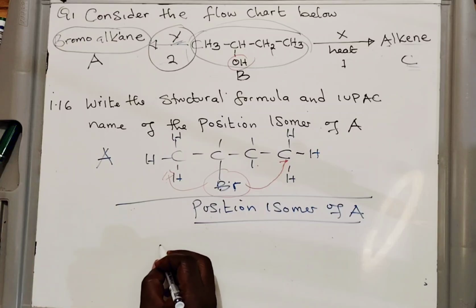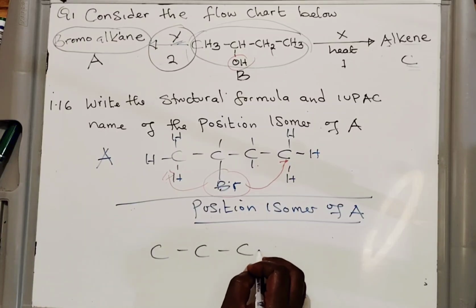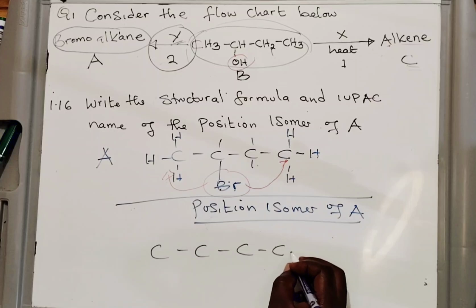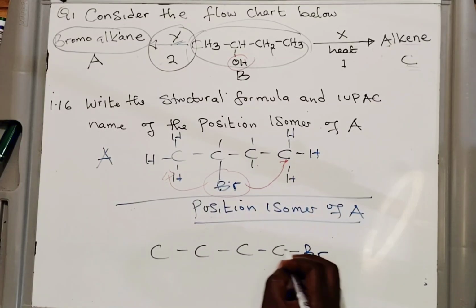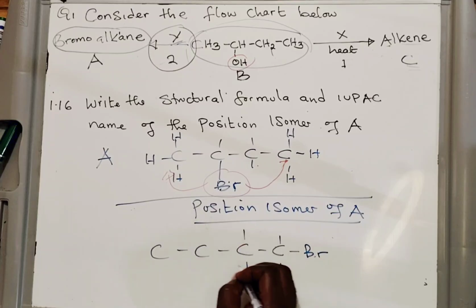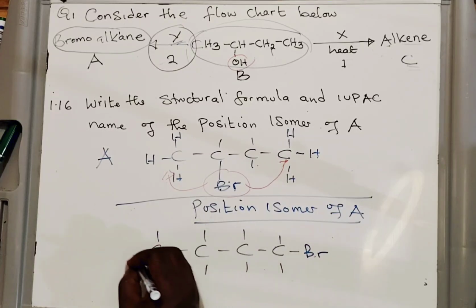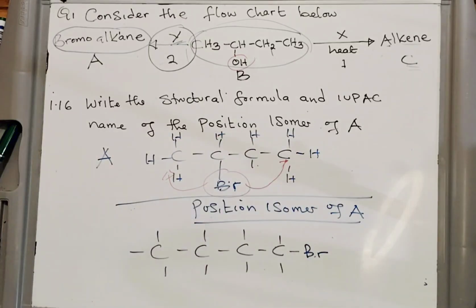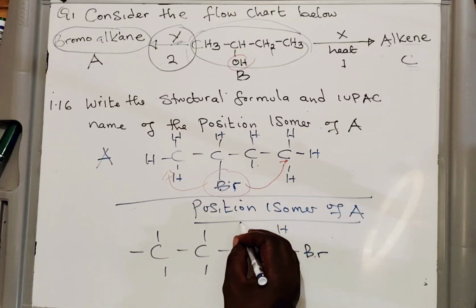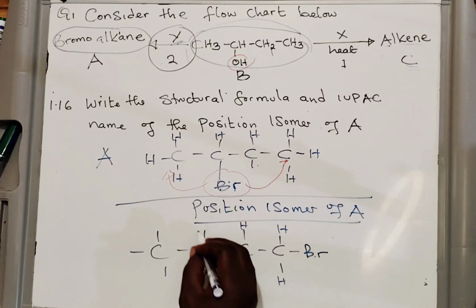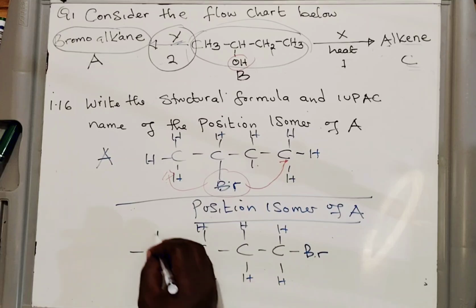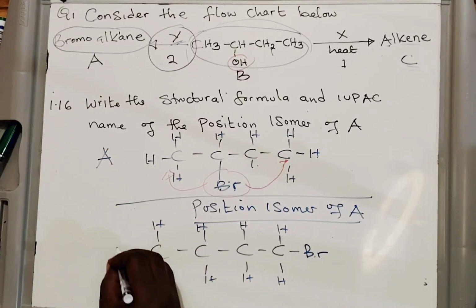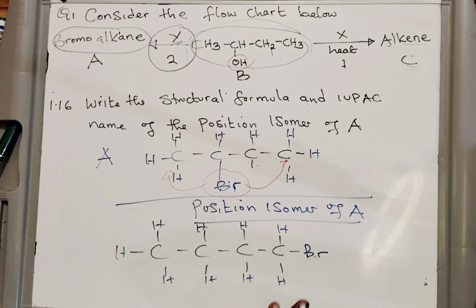So let's have it. If it's C, C, C, C, and we take this one as the position for our bromine. Don't forget that these are hydrogen. So what do we have here? We have H, H, H, H, H, like that. And the position has changed. So this is the structure formula.